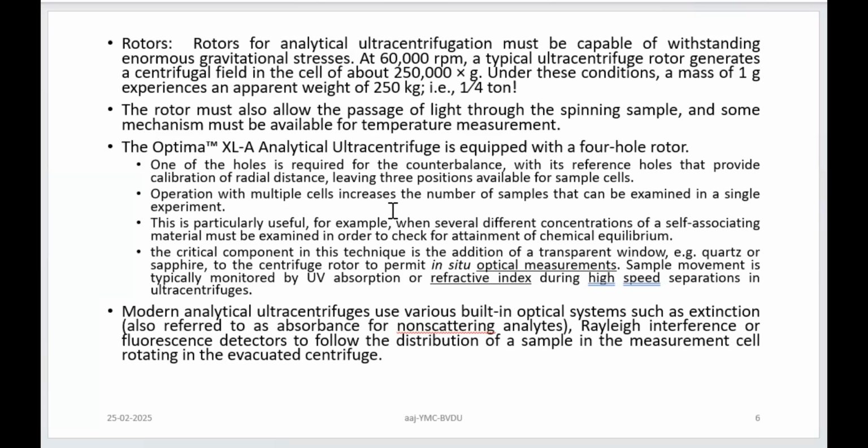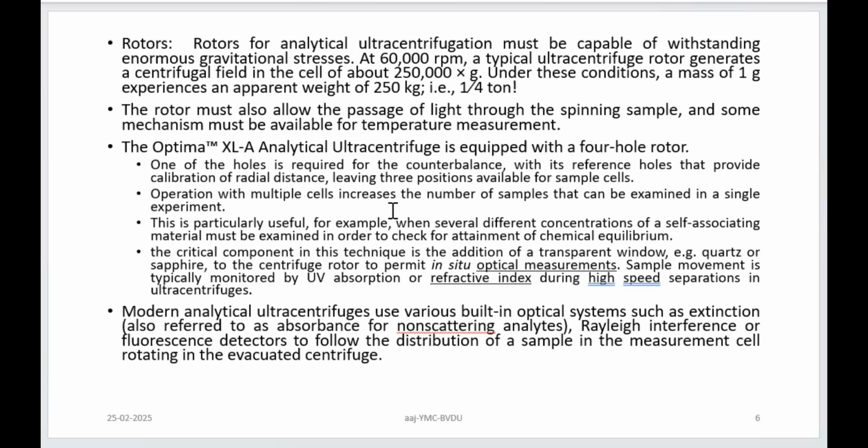Centrifuge rotor is going to be doing its job by rotating. So sedimentation is going on, and while sedimentation, the optical measurements are taken at the site itself, in situ optical measurements. Right. So sample movement is monitored, and for monitoring, you may use UV light, so UV absorption or refractive index during separation itself.